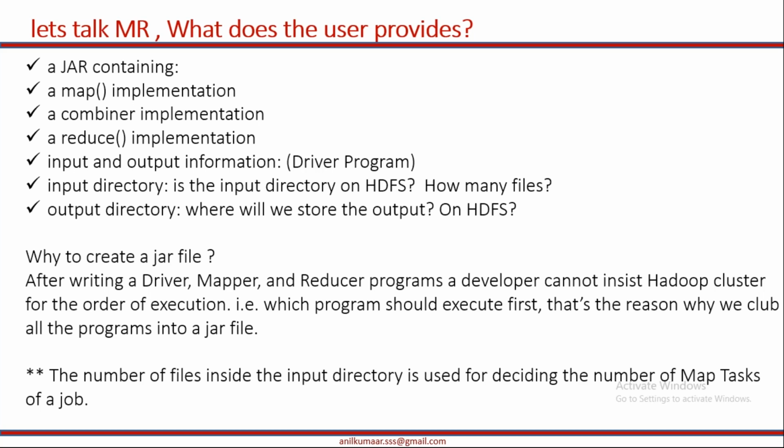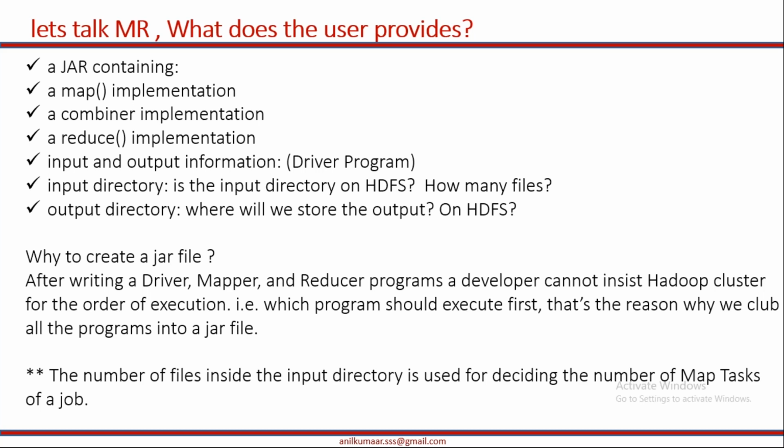Now, that's fine. Once you have the mapper class, reducer class, driver class, combiner, and partitioner, we have to create a jar file. Why do we need to create a jar file? Why can't we run them as standalone programs?